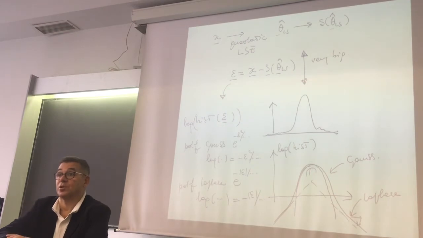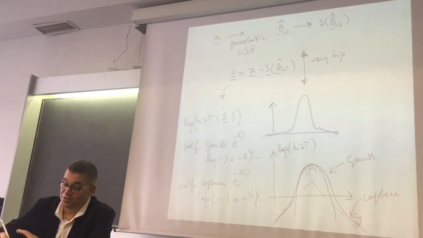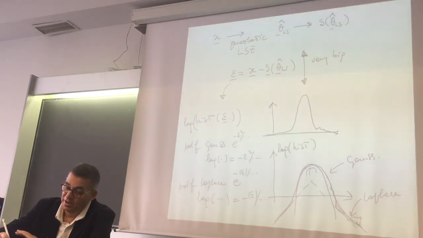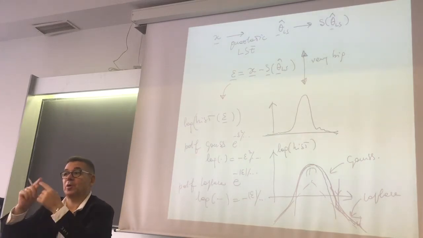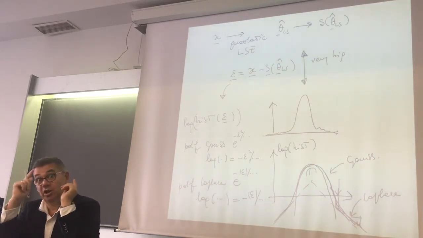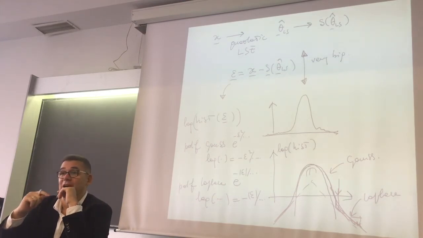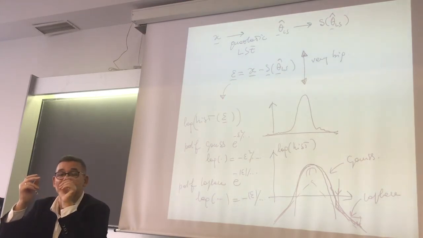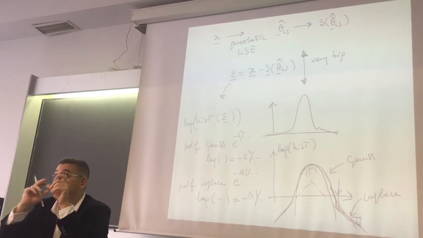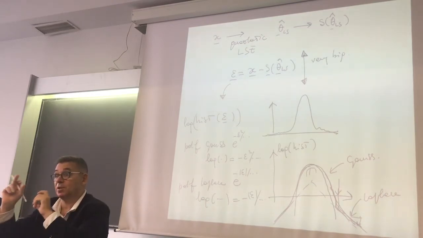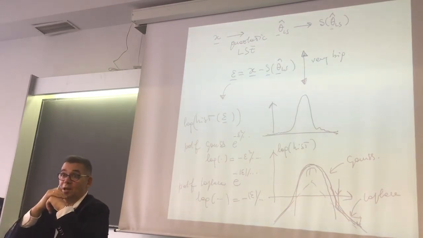And by the way, you also have this nice crossing point. Look, when the behavior is going from quadratic to linear. So nice. I have this point where the curvature in log is changing. So I can find what is the limit where to use the Gaussian, and outside of that to use the Laplace.